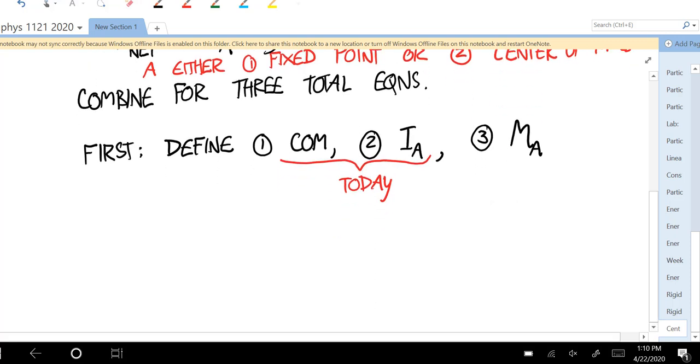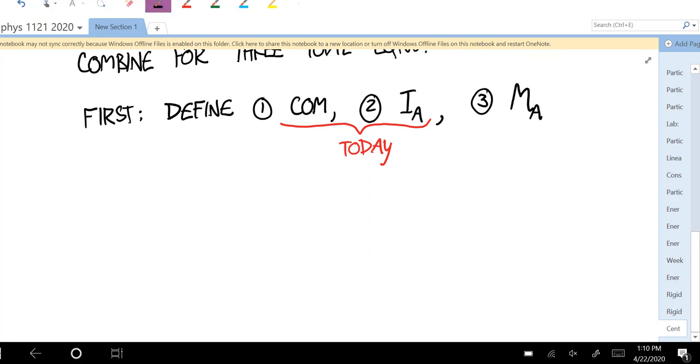Okay, well, the center of mass to us is not a very complicated discussion.